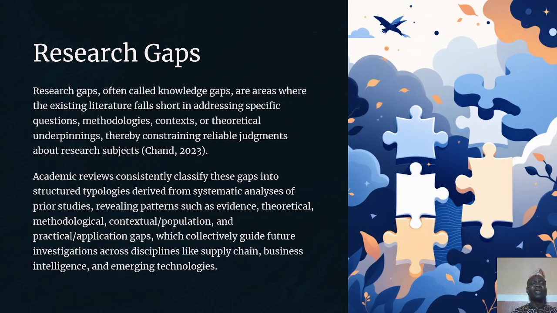So we are now in the section of research gap. Research gap is also called knowledge gaps, and they are areas where existing literature falls short in addressing specific questions. It could be question, it could be methodology, it could be context, it could be theoretical underpinning, it could be constraining reliable judgments about research subjects.